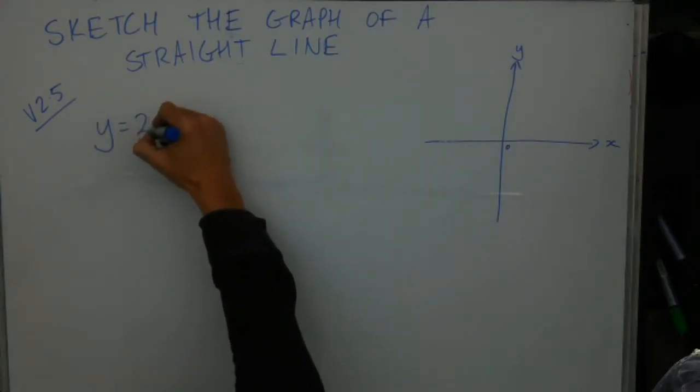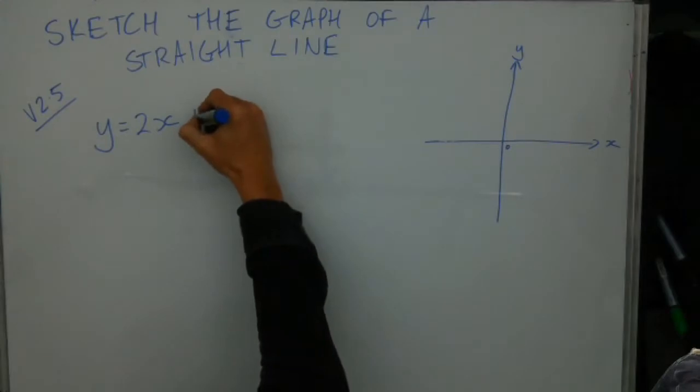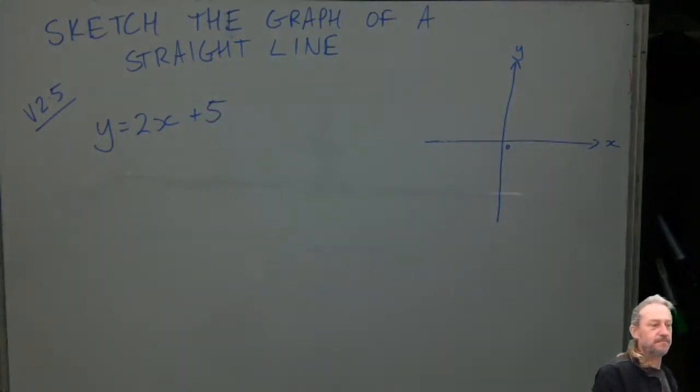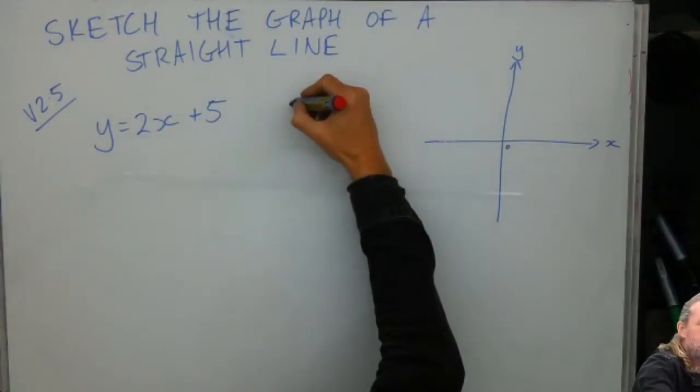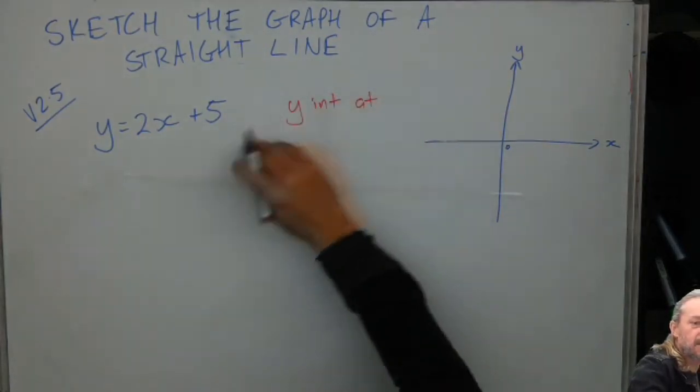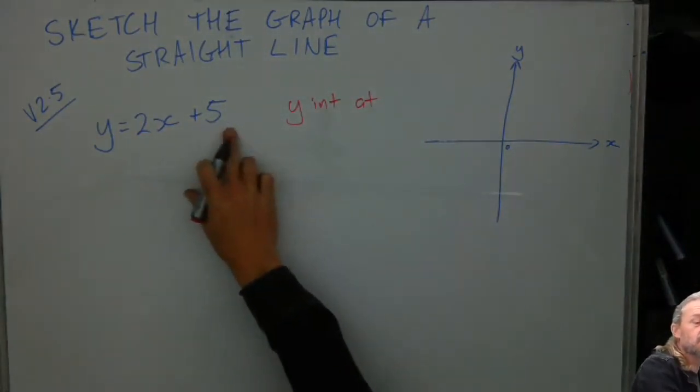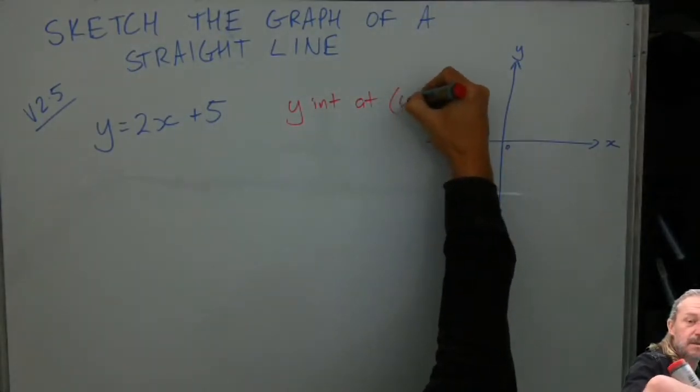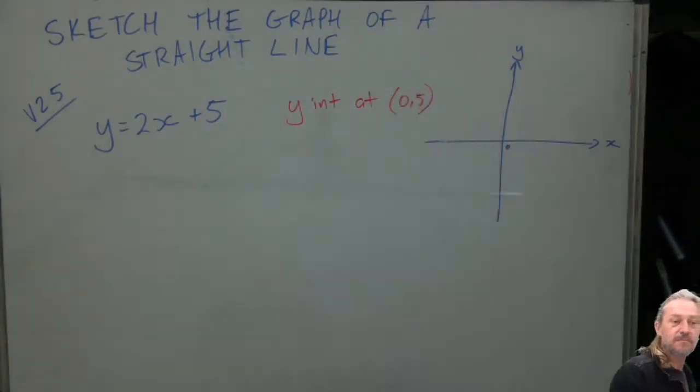y equals 2x plus 5. So straight away, it's in the right form. So I'm going to say that the y-intercept is at, and I'm going to write it as a coordinate, 0, 5.